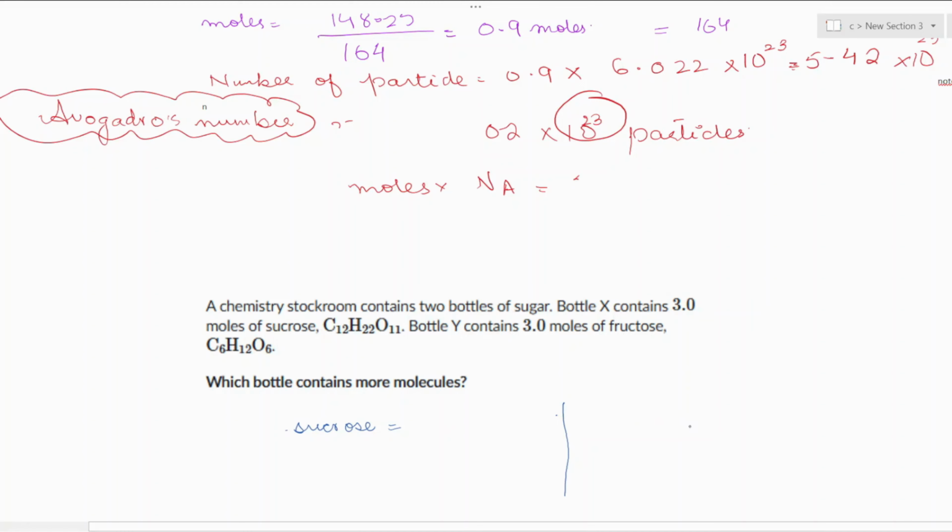What is the molar mass of sucrose? It's 180 that we have calculated already. And for sucrose, what's your value? 342.296. Is it so? Have you calculated the molar mass for this one? These are the molar masses calculated already.